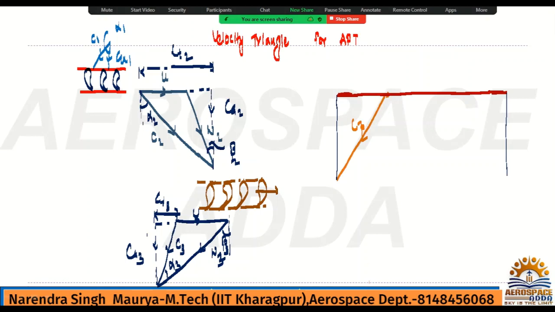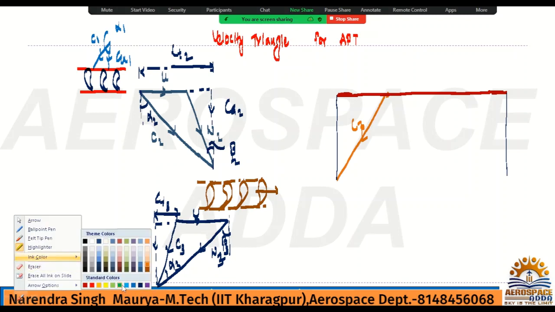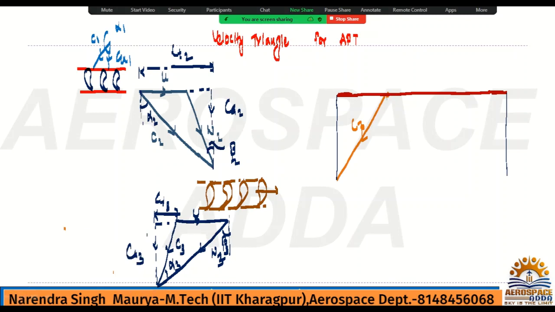And next will be the absolute velocity here. This is the another velocity, absolute velocity for the inlet velocity triangle. Okay.